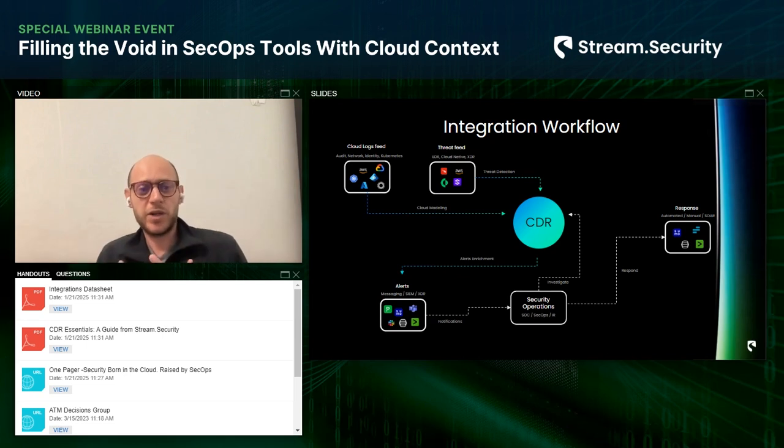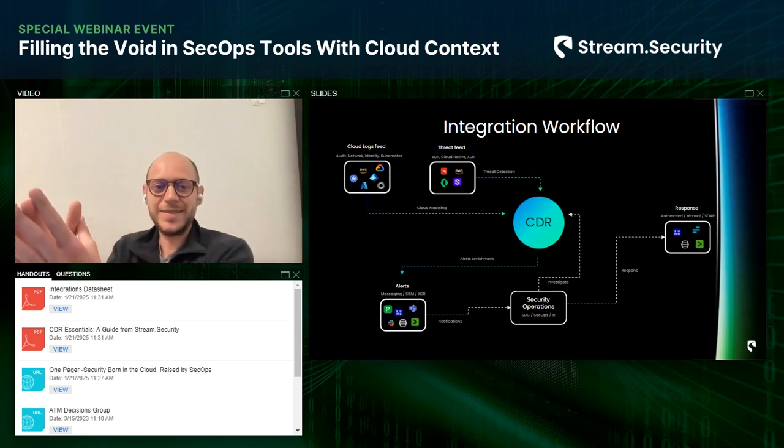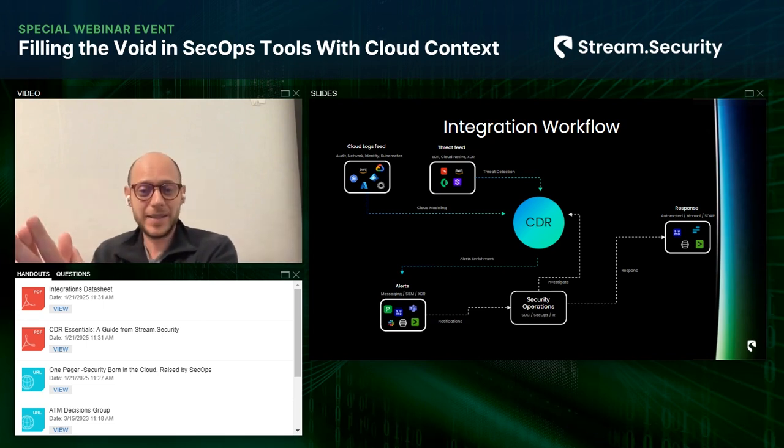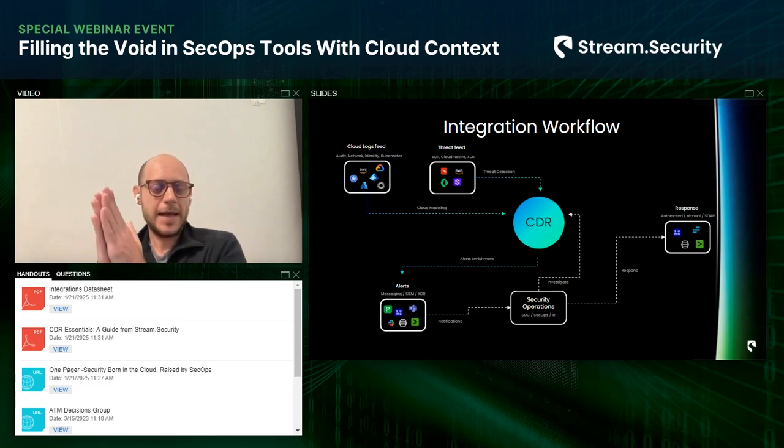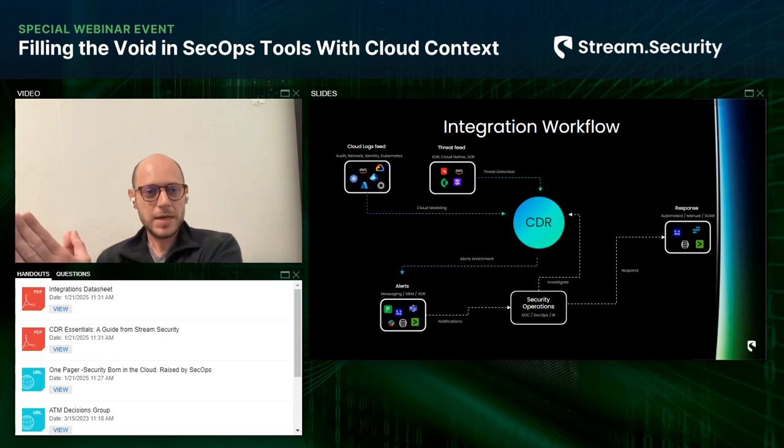Your security operations team will consume this data and investigate the detections in the CDR, having all data needed to actually make a decision. Or you might decide that some detections will be automatically run with playbooks and responded with SOAR. We believe that at some point of time, CDR solutions will be so good that customers will actually trust them to auto-respond.